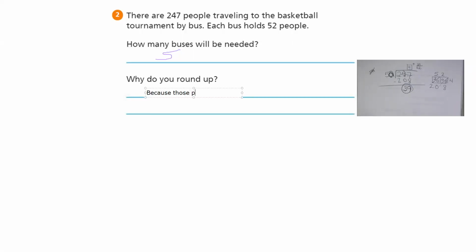Because those kids will still need a ride, even if the bus is only 39 out of 52 full.